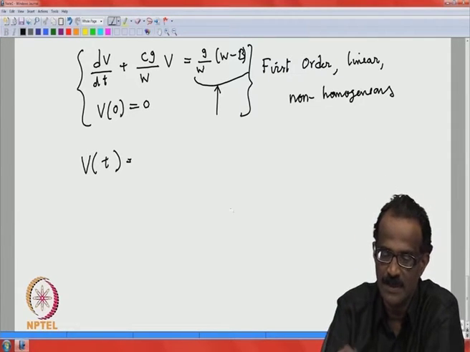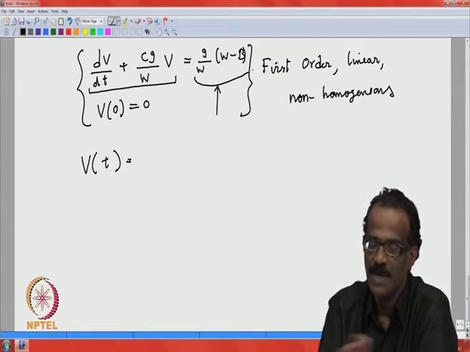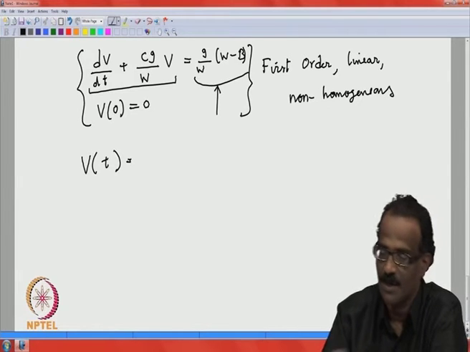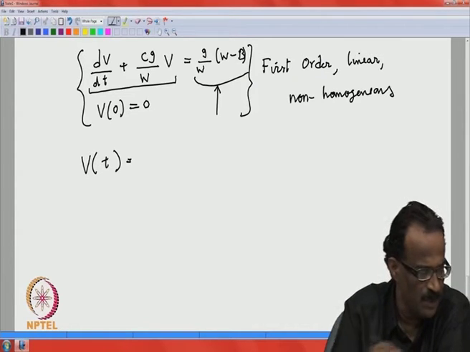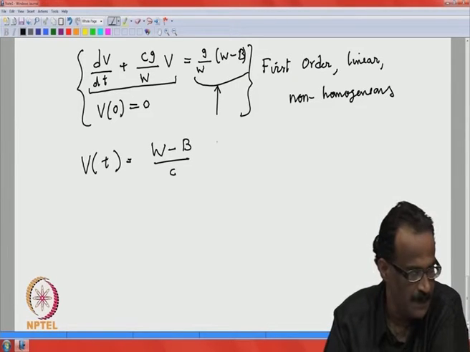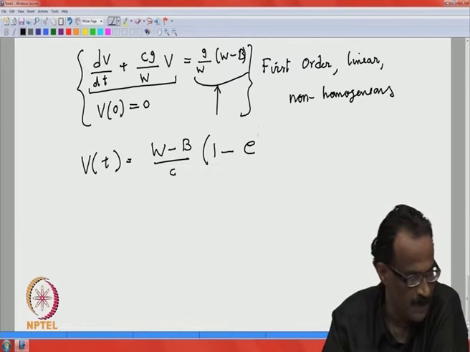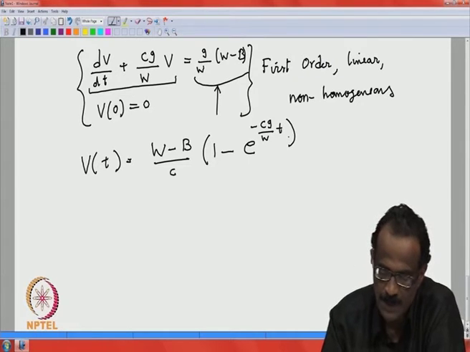This term in this form gives you the linearity, and we will explain in detail how to solve it when we study the first order, second order equations. But let me write down the solution very nicely. The solution is (W minus B) by C into (1 minus e power minus Cg by W t). This is the solution.